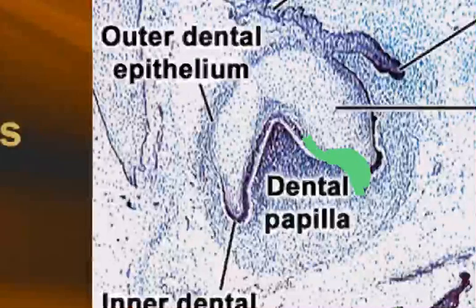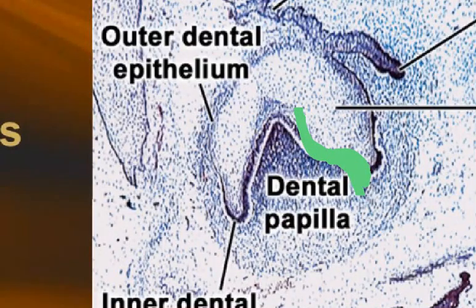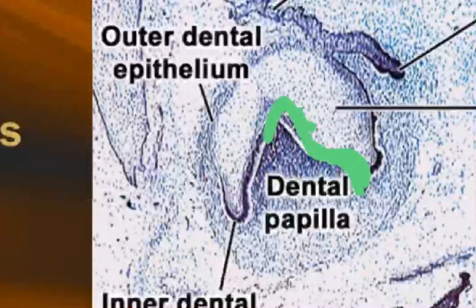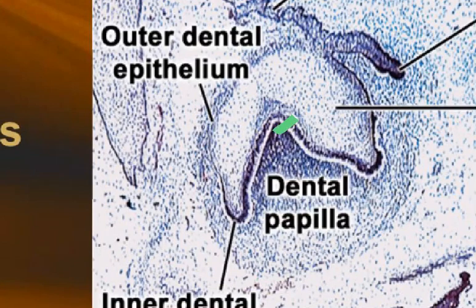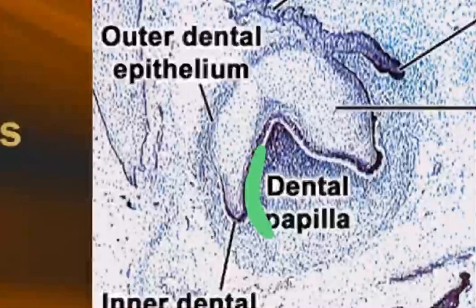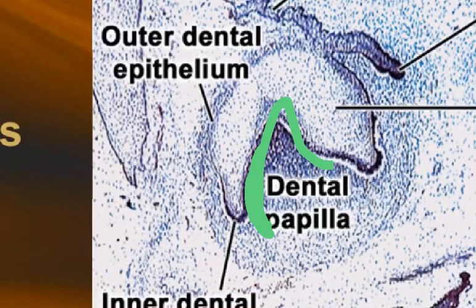You can identify lingual fossa here, incisal edge or cusp tip, depending if it's incisor or canine, labial surface, then the labial height of contour here. So you see, you can predict the shape of the tooth.